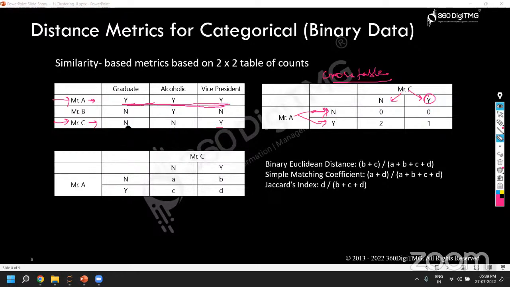Now, if I talk about the A value being yes and C value being n, I have 2 instances. So I'm recording that 2 there. And finally, I'm going to look at A being yes and C also being yes. So we have 1 instance.